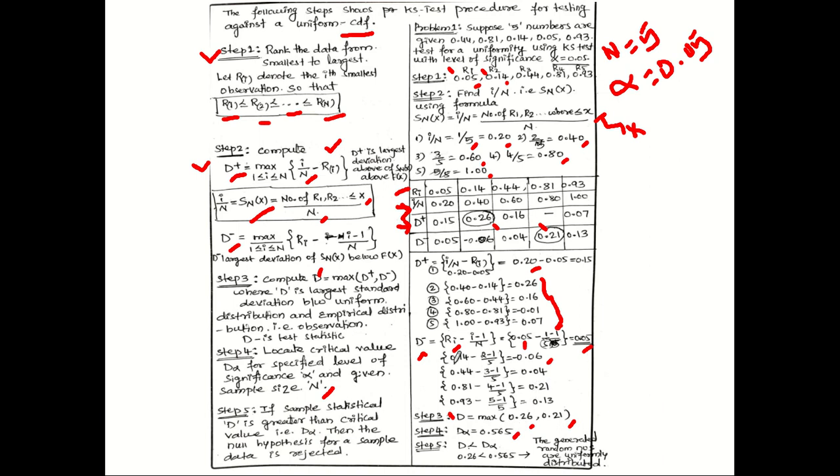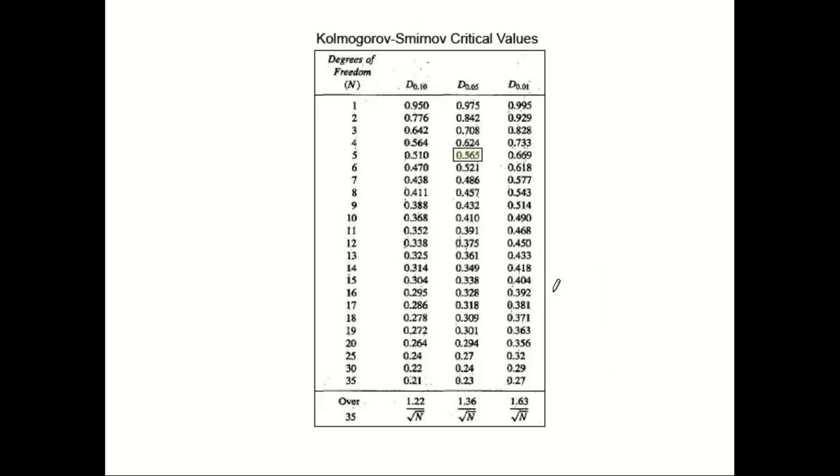At the end of the book they have given a table of critical values for the uniform distribution. From that table we will note down this particular value. See, what is the size of the data? That is n equal to 5. And the alpha value is 0.05.